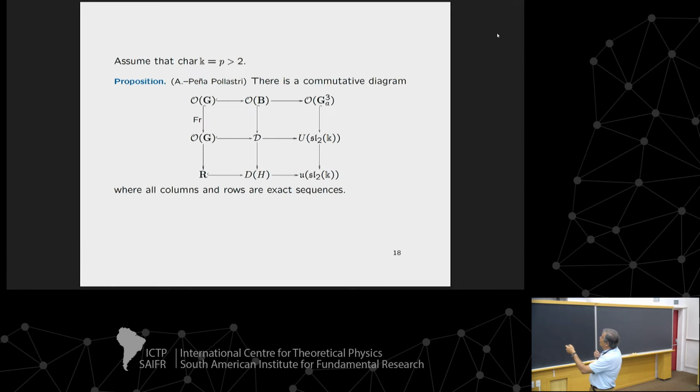This is the so-called Frobenius map, and this is the kernel of the Frobenius map in the sense of Hopf algebras, and the same is here. So there is a 9-term square where all columns and all rows are exact sequences of Hopf algebras. I don't know how we will apply this, but I was very happy to see this picture.